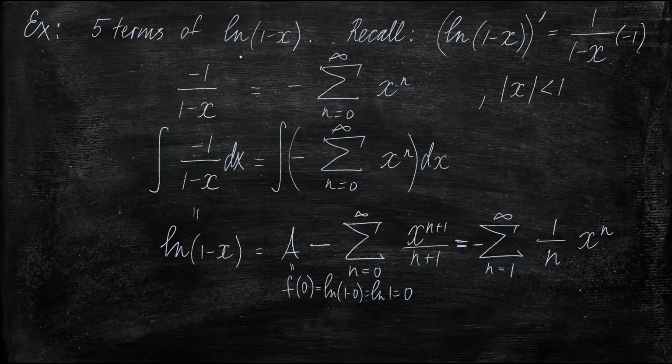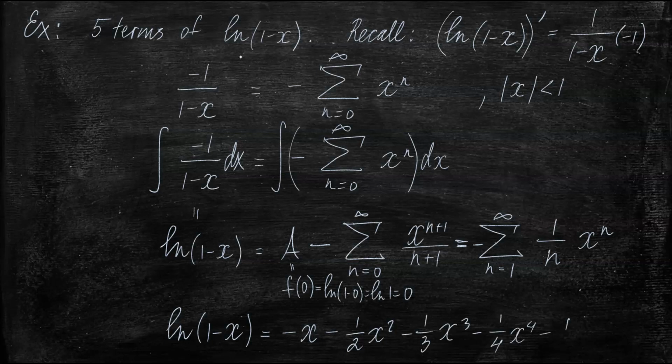So to summarize, the power series for this function would look like this. When n equals 1, we're going to have negative x. When n equals 2, we're going to have negative 1/2 x squared, negative 1/3 x cubed, negative 1/4 x to the 4th, and so on. So this is going to be the pattern.